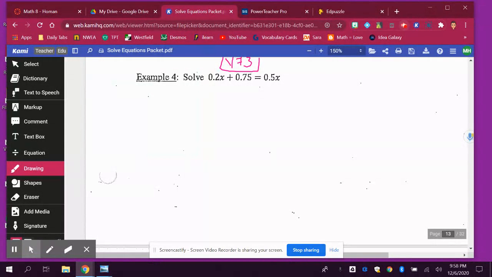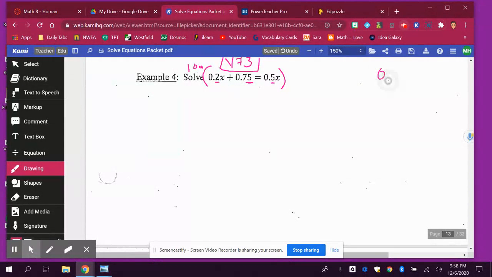So for example, this 2 is in the tenths place, this 5 is in the hundredths place, and this 5 is in the tenths place. So if we were to multiply all of these numbers by 100, we could get rid of those decimals.